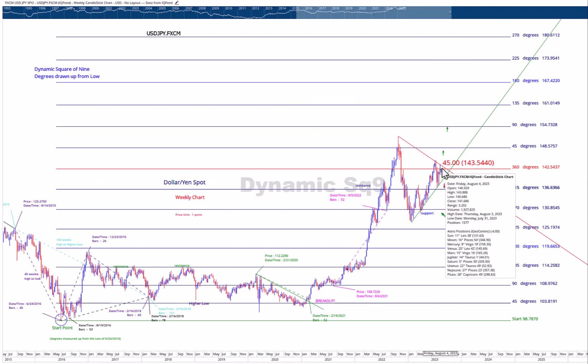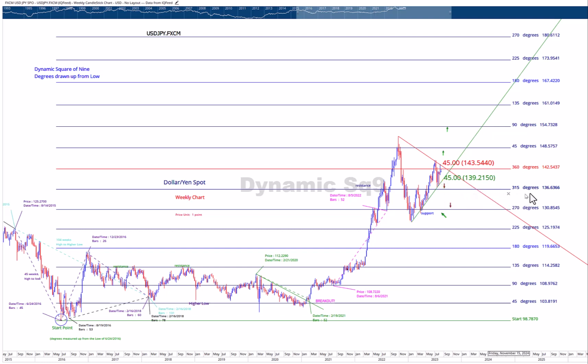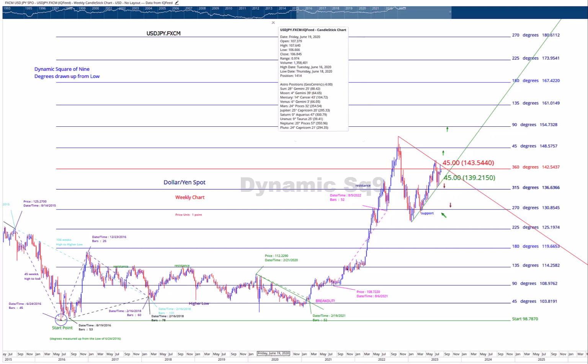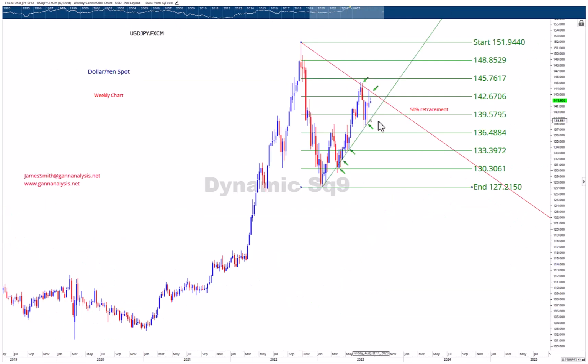So there's a lot of resistance right in here in order for it to break out to the upside. And there's support here on the 2x1 line, and also the 315 degree line at 136.63. And if we go back, we had support at 139.57 on the division of the range, the 50% mark.